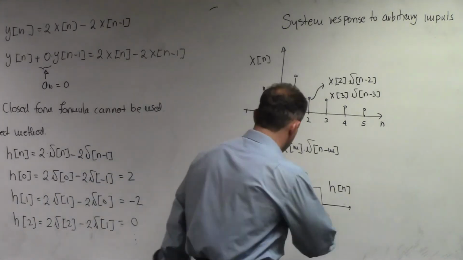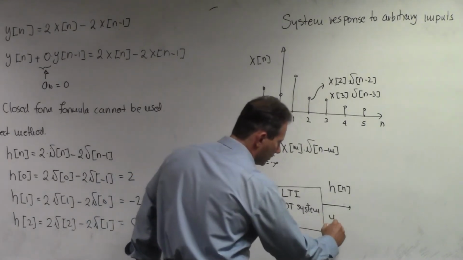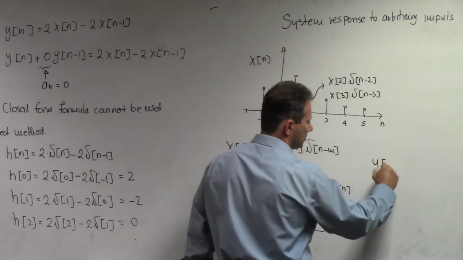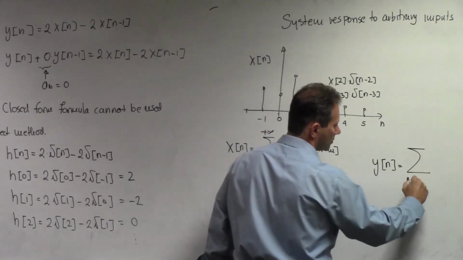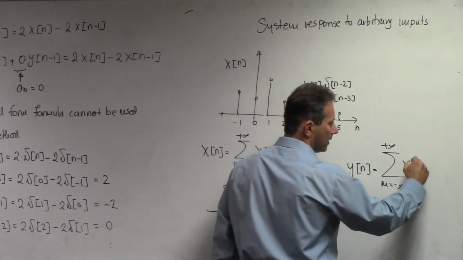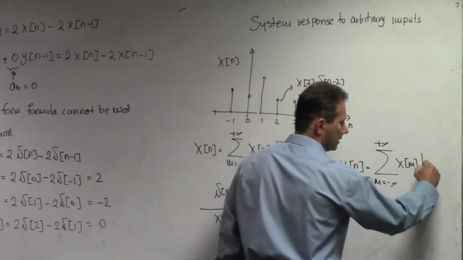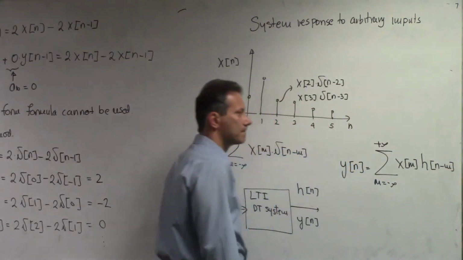So now if here is x of n, I can directly write what y of n has to be. y of n has to be sum across all impulse responses. So n goes from minus infinity to plus infinity. x of n is the magnitude of the impulse, and then the impulse response is this.